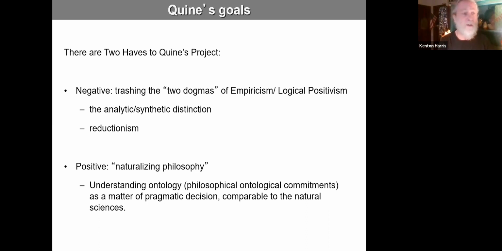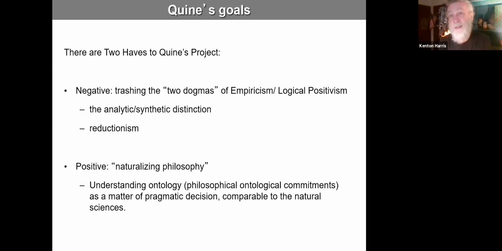So we would have effectively naturalized grace. Anytime we take a previously philosophical question and turn it into a question that the natural sciences can investigate, we are doing what's called naturalizing.